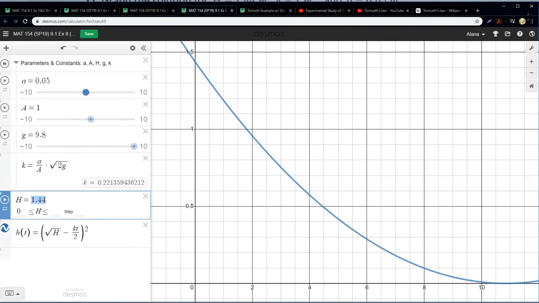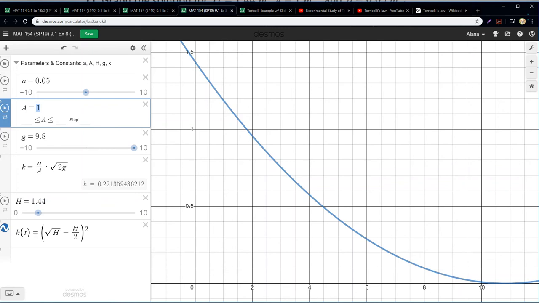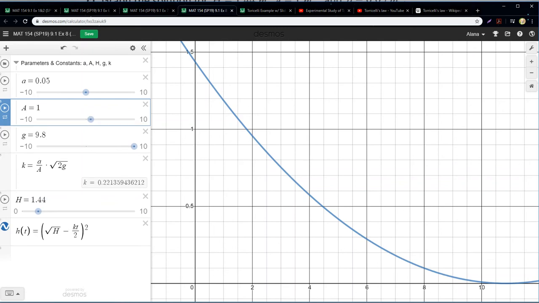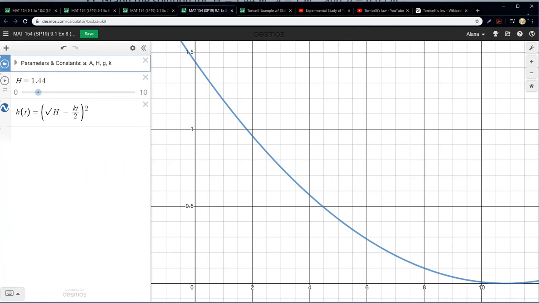You can see right here, A is equal to 0.05, capital A was equal to 1, gravity is of course 9.8, and that built my K for me right here, and then I just put the K right into the equation. So there are the parameters, and there's H, which was 1.44. Done.